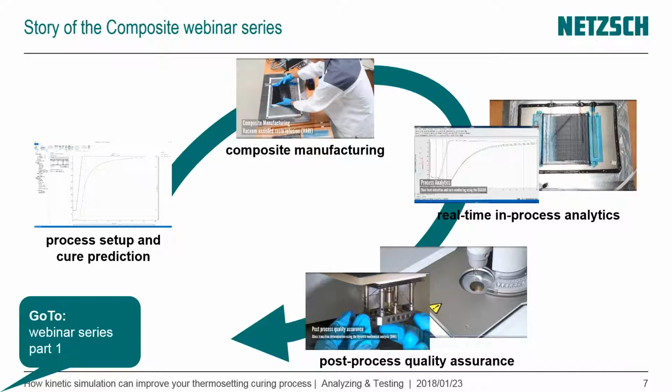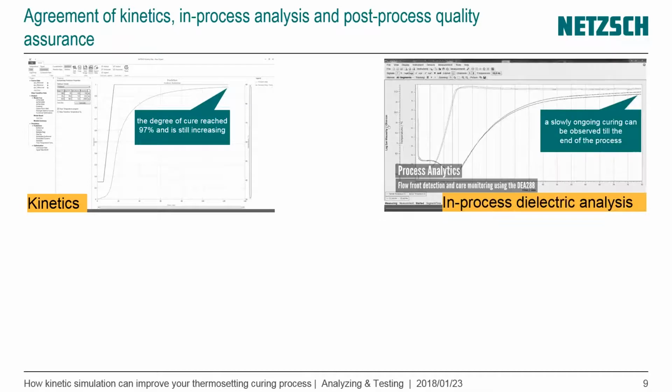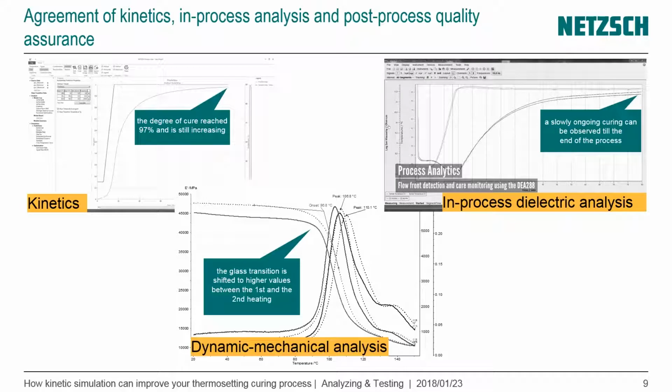What we found out during the last webinar was that, doing kinetic studies on the pure resin, in-mold material characterization using dielectric analysis, and post-process dynamic mechanical quality assurance, the resin wasn't fully cured after the end of the process.